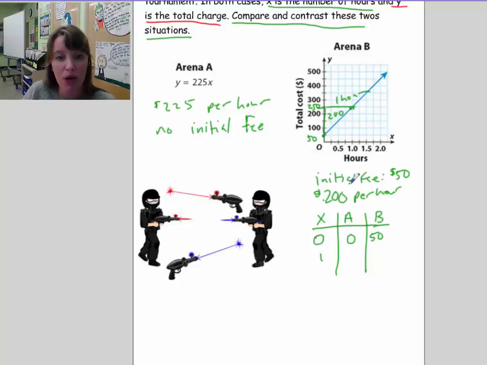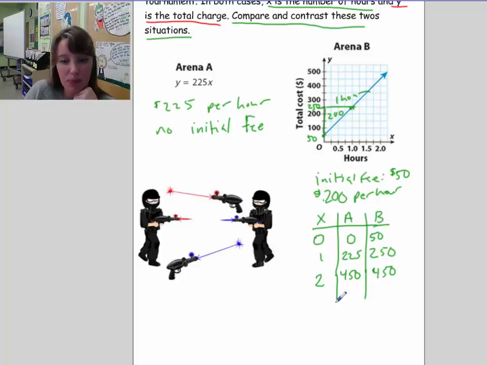At 1 hour, Arena A is $225, but Arena B is $250. After 2 hours, Arena A is $450 because it's $225 an hour, and Arena B is $200 for an hour, so 200 plus 200 is 400, plus 50 is 450, so they're actually the same.